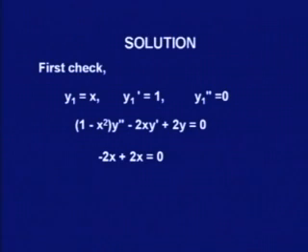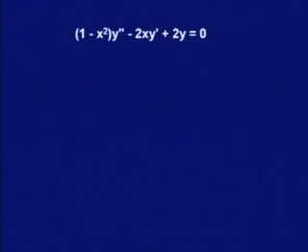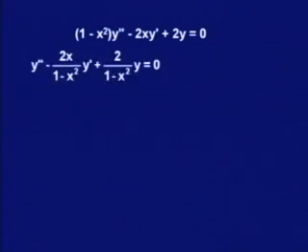What will be the way to find the second solution? We will use the technique y 2 equals u of x times y 1 of x. Now, my given equation is 1 minus x square y double dash minus 2 x y dash plus 2 y is equal to 0. Let us rewrite it in standard form. y double dash minus 2 x upon 1 minus x square y dash plus 2 upon 1 minus x square y is equal to 0.